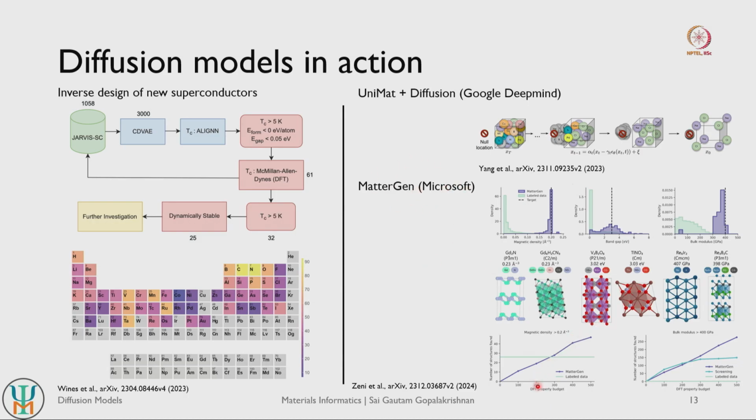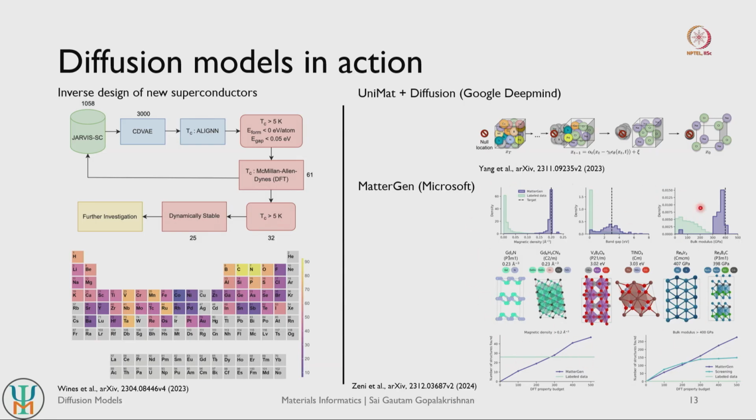These are some of the materials that were actually generated, some of the successful cases by MatterGen, and they also explored the computational cost. If you were to generate structures solely based on DFT calculations compared to using a generative model, the authors showed that beyond a certain number of structures, generative models can make your process much more efficient, right.